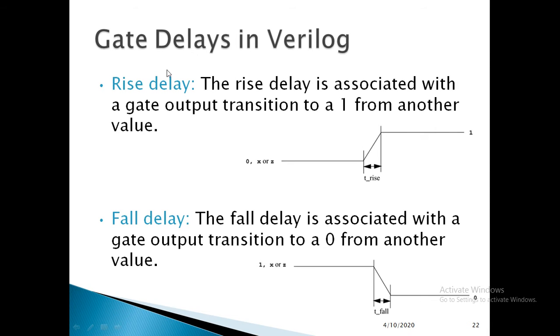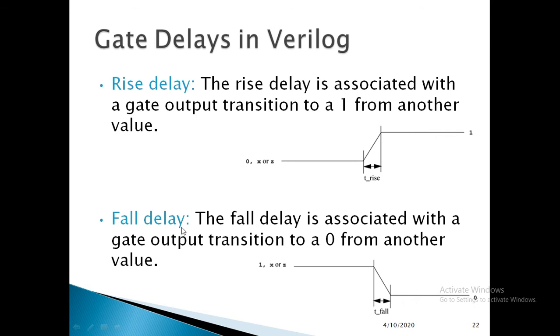Now for gate delays, different types of delay are defined. Rise delay is the gate output transition to 1 from any other value. When the gate output transitions to 1, this rise delay occurs.